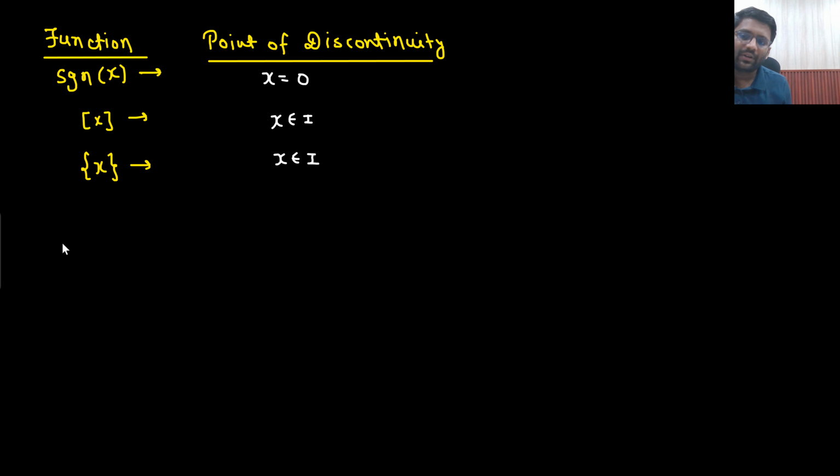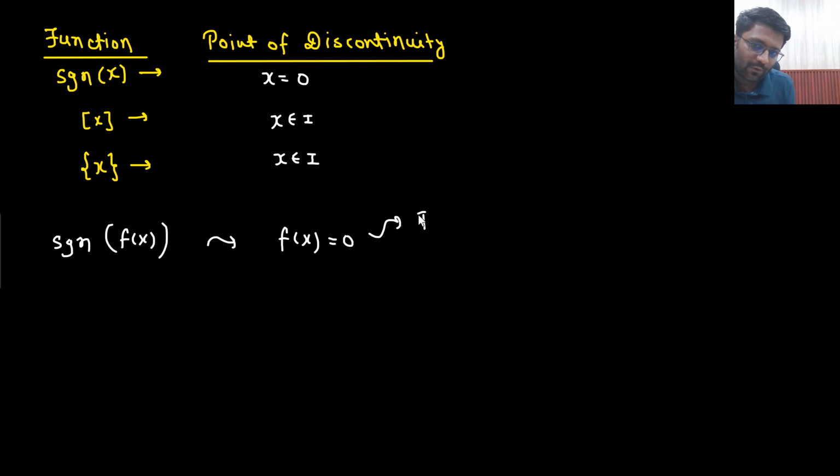So now if I talk about signum of f(x), what am I talking about? What might be my point of discontinuity? Where your f(x) is becoming 0. Where f(x) becomes 0, this is the point of consideration or point of concern.